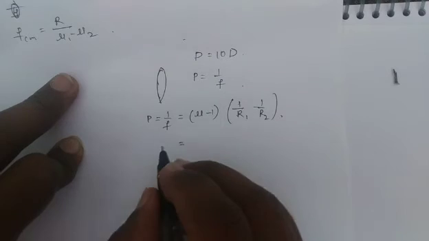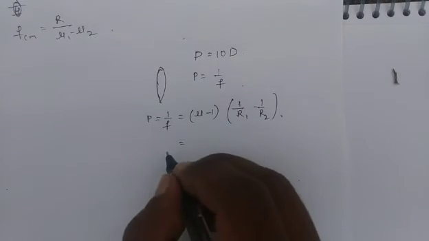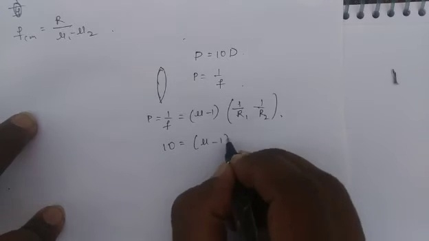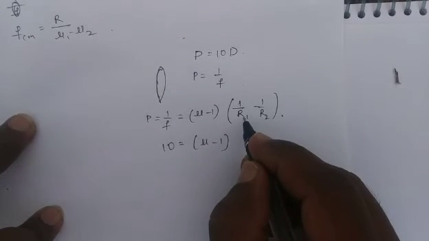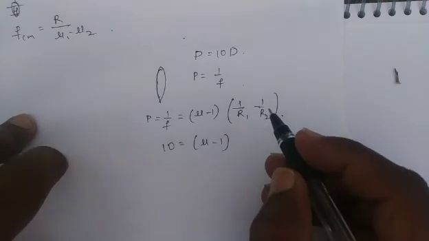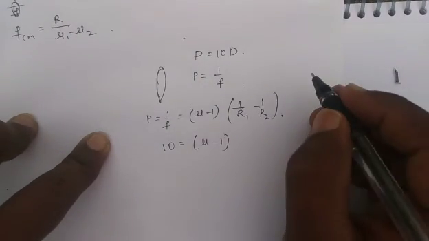The power is 10 diopter, μ − 1, and here we consider the R1 value. This is a biconvex lens, and the radius of curvature is 10 centimeter.